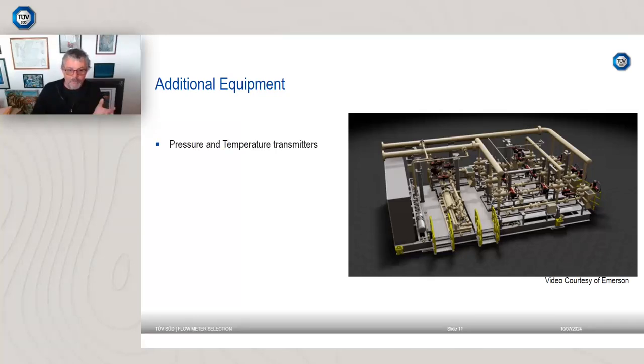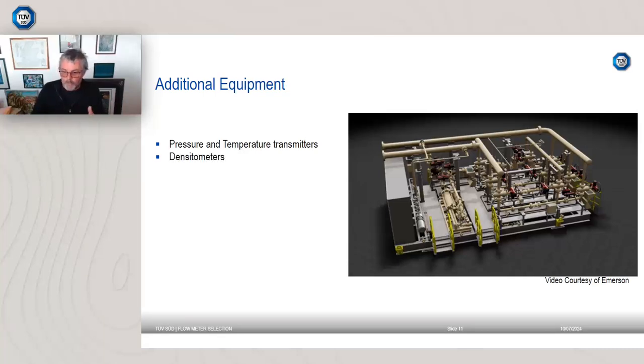We have to look at things like pressure and temperature transmitters. These are absolutely essential to give us the knowledge of pressure and temperature that we require in order to meet the stated uncertainties for low uncertainty systems, for high accuracy systems. They're absolutely essential. You can't just not have them.